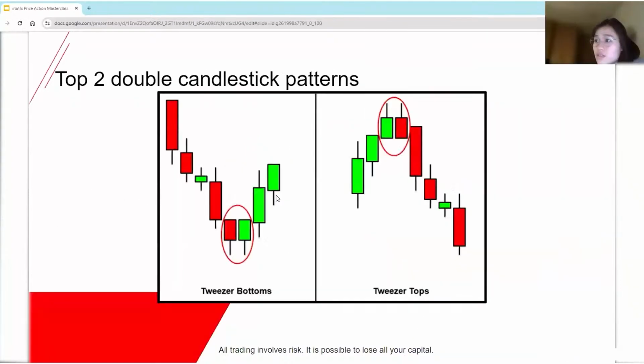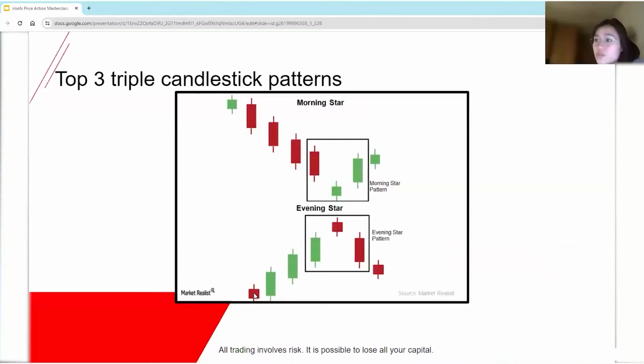If I go back, rather similar to our tweezer bottoms, you can see when we are able to spot a morning star, price is reversing in its trend. Evening star, similarly, it's also reversing in its trend by giving us a bearish direction instead.